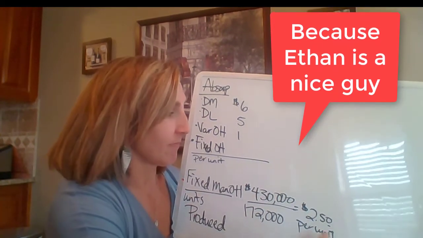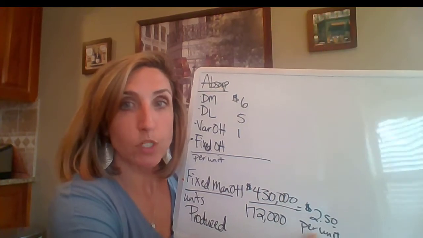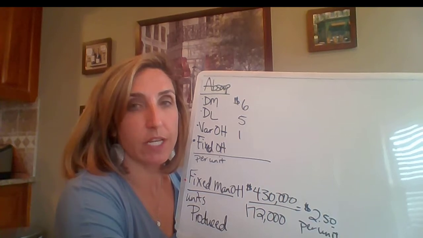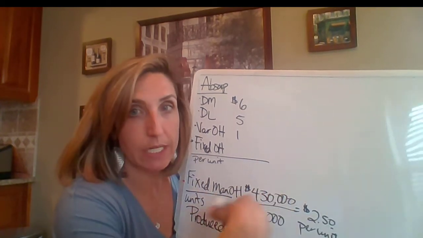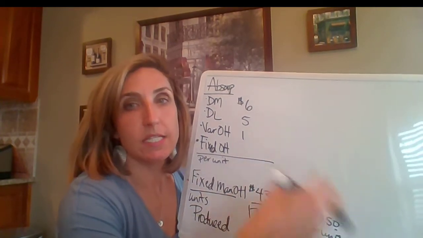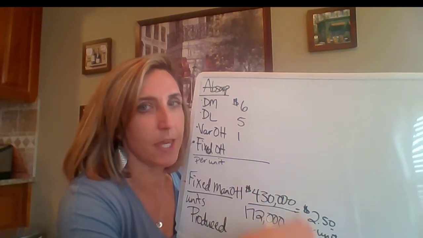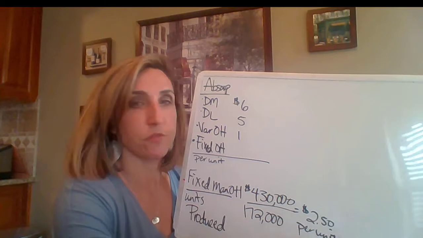So when you produce more units, what you do is you're reallocating that fixed manufacturing overhead cost out. You're spreading it out. Remember, fixed manufacturing overhead is a cost that in total doesn't change, but the per unit is now becoming lower. It became $2.50.